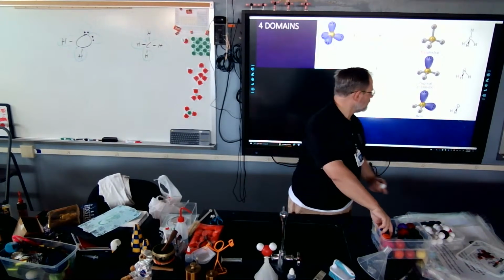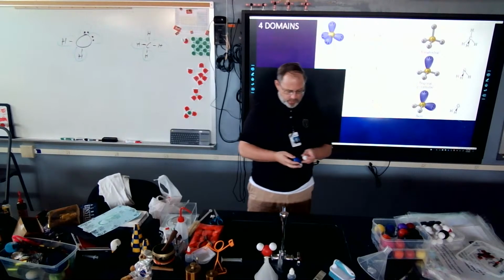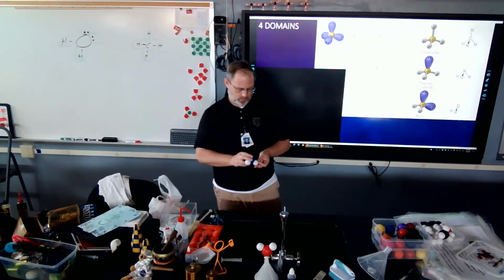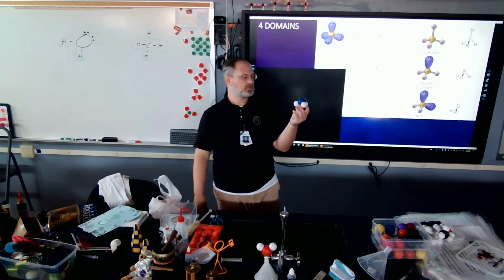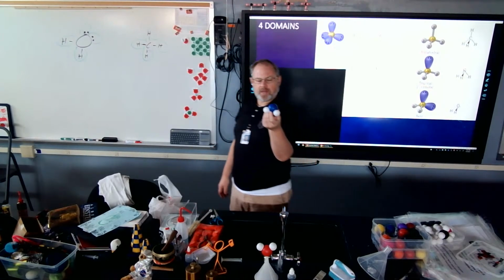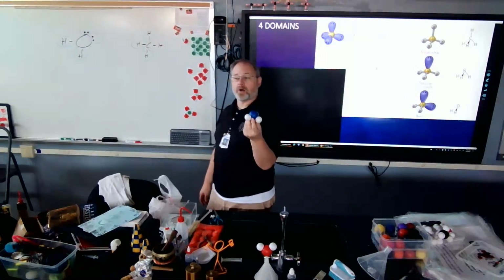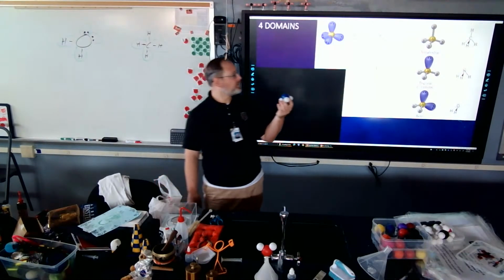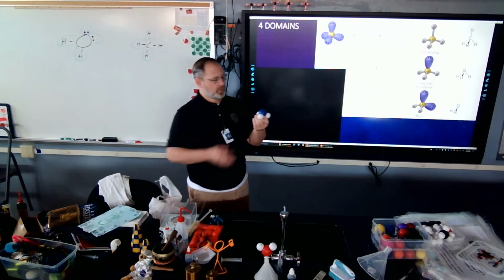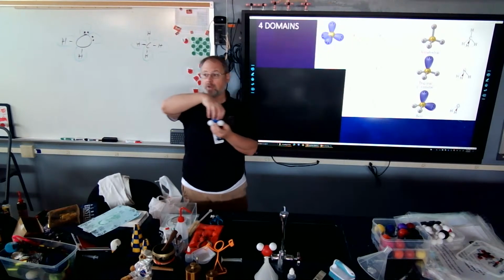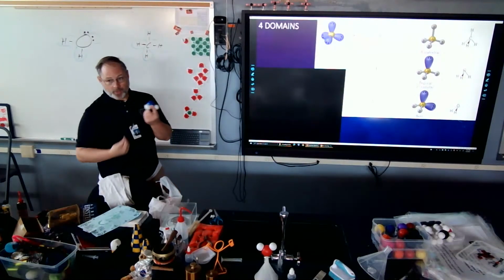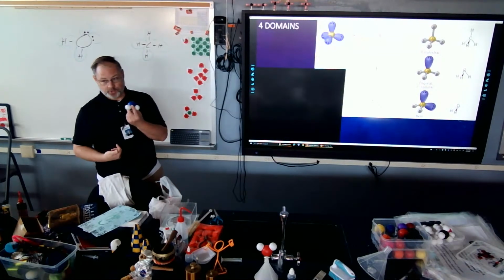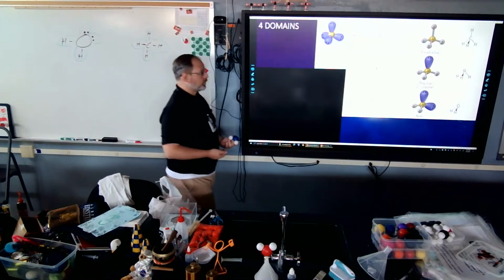Classic trigonal pyramidal: ammonia, NH3. Ammonia is a trigonal pyramidal molecule because there are 4 domains: hydrogen, hydrogen, hydrogen, unshared pair. But the molecular geometry only cares about where the other bonds are. Hydrogen, hydrogen, hydrogen. Trigonal pyramidal.